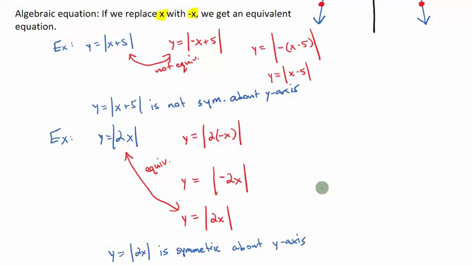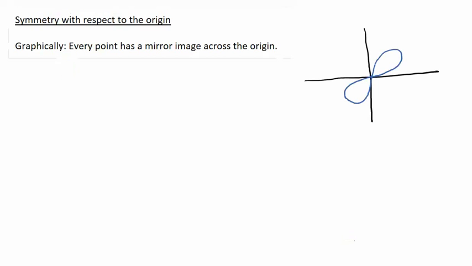Now let's take a look at symmetry about the origin. Every point in symmetry about the origin has a mirror image across the origin. Let's look at an example of a graph. In this graph, you pick any point, maybe this point here, and you go across the origin, which is right there.